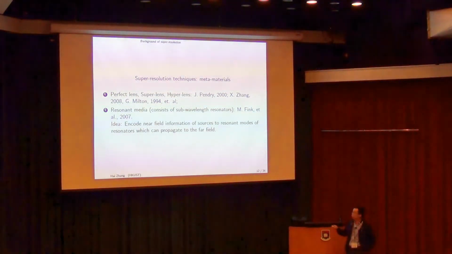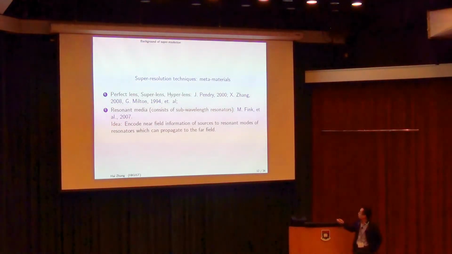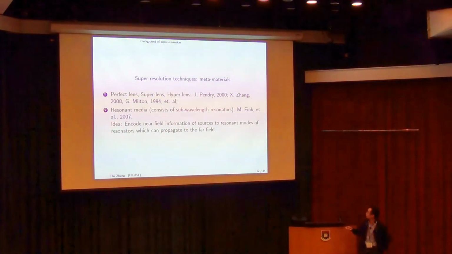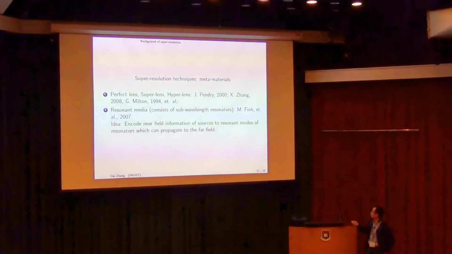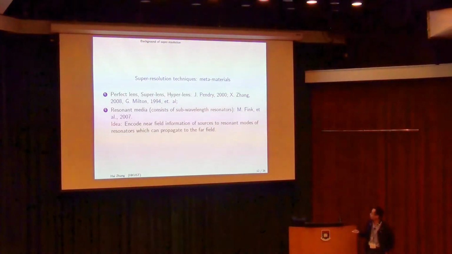And in my work, I want to focus on the other approach proposed by Mathias Fink's group in France. They proposed the idea of using resonant media, which consists of subwavelength resonators. The idea of this approach is to encode the near-field information of the sources into resonant modes of the resonators, so we can propagate it into the far field.